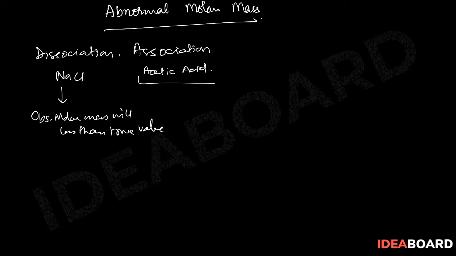And in case of association, it is going to be opposite. So the observed molar mass will be greater. This phenomenon in which the measured molar mass of a compound by measuring a colligative property deviates is called abnormal molar mass.